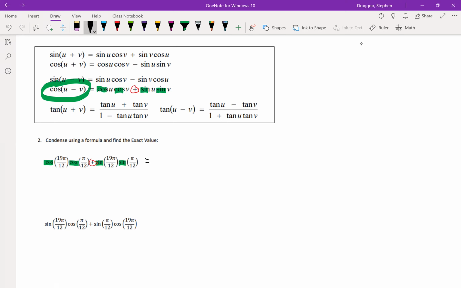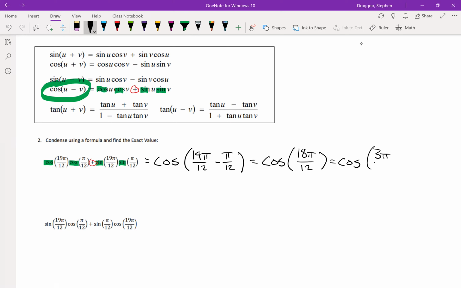So this should be the cosine of 19 pi over 12 minus pi over 12, since this particular formula fits the cosine difference model. So we can take the difference between those angles, which makes this the cosine of 18 pi over 12, which is the cosine of 3 pi over 2 after we simplify. And the cosine of 3 pi over 2 is 0.